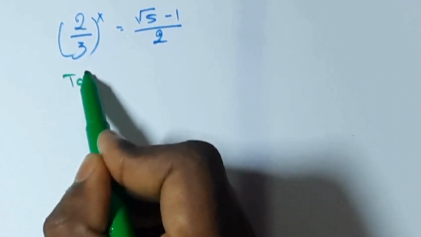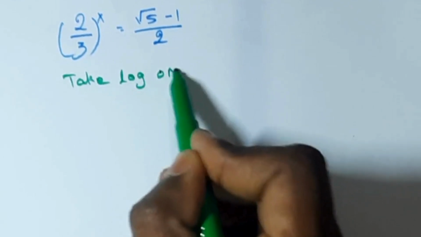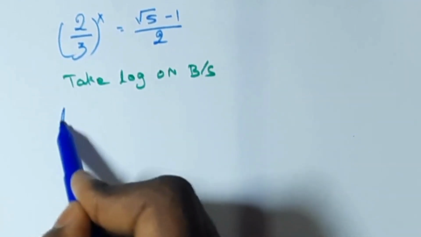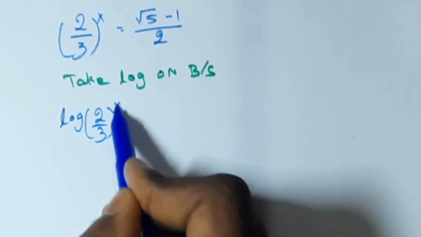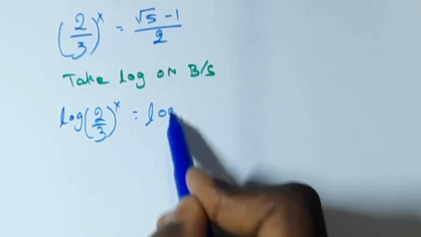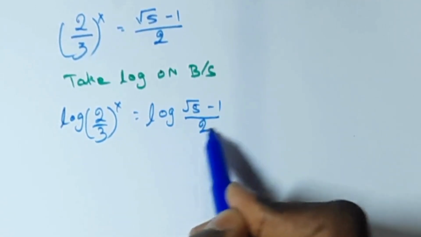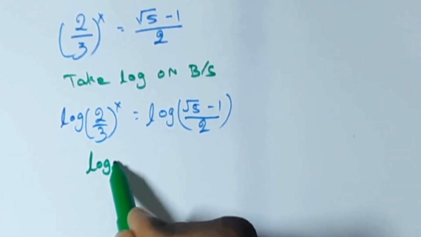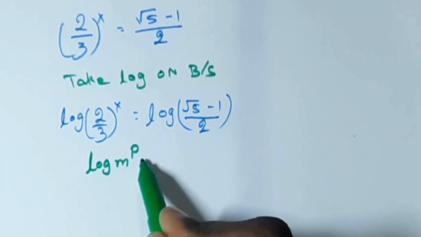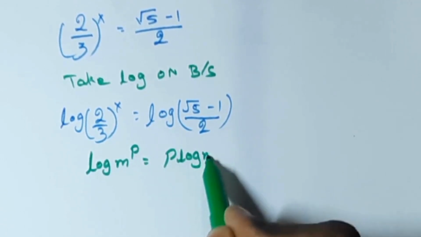Take log on both sides. Log of 2 by 3 whole power x equal to log of root of 5 minus 1 by 2. Implementing the log power formula, log m power p equal to p log m.